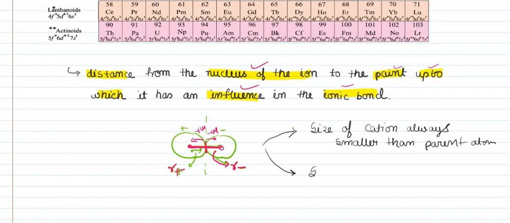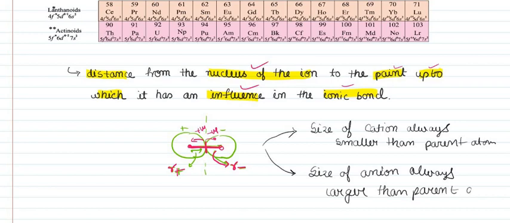The size of an anion is always larger than the parent atom. You get it? A very universal rule. Cation is always smaller than the parent atom, anion is always larger than the parent atom.